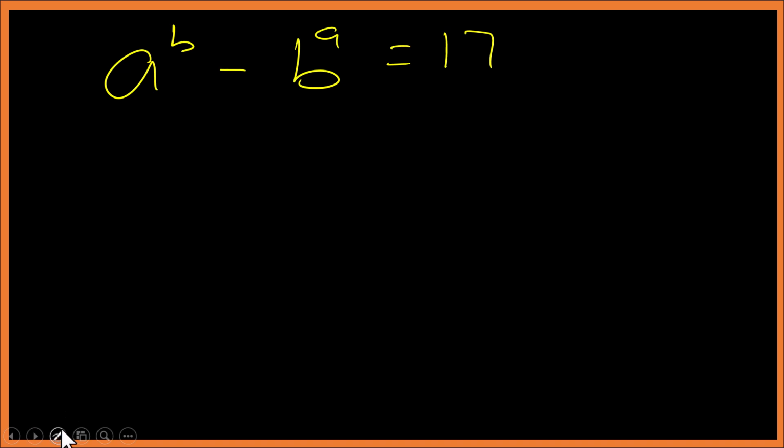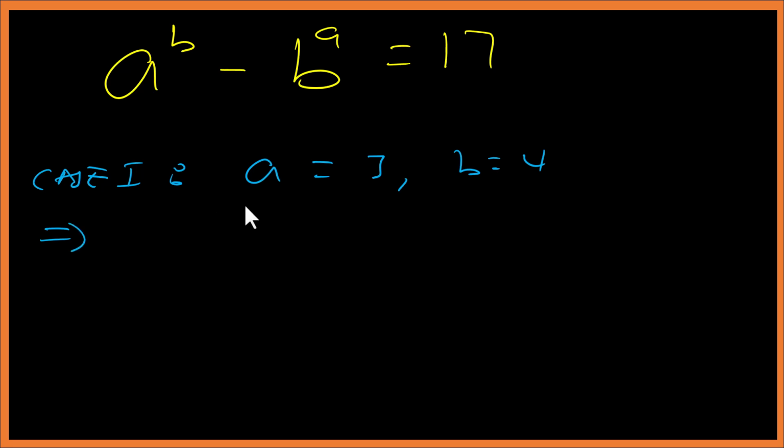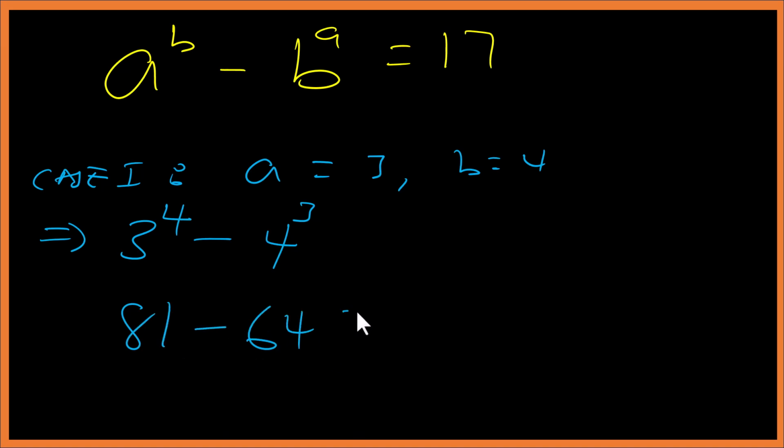Now let's start with case 1, when a is 3 and b is 4. So this side will be 3 to the power 4 minus 4 to the power 3. So 3 to the power 4 is 81 minus 64. That will be 17.